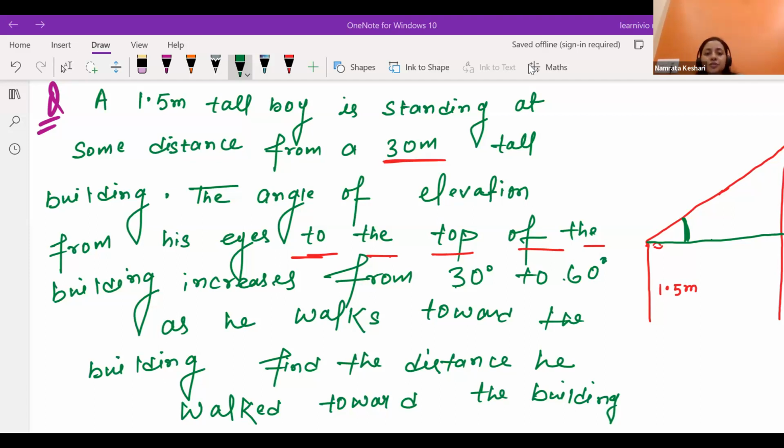Alvina, Ifra, Afnan. Ma'am, I'm having network issues. Can I keep it closed? Okay, today you can keep it closed, but from next class you will turn it on, right, Alvina? Afnan, please turn on your camera.